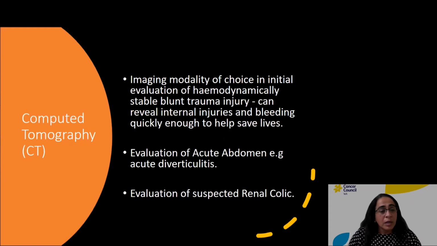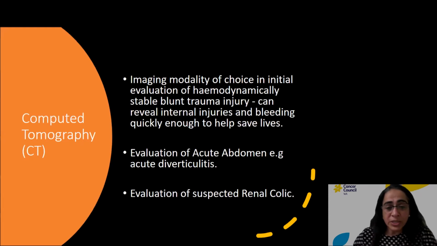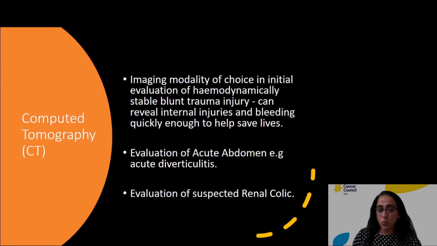So with CT, we can pretty much scan from head to toe, and it is actually the imaging modality of choice in patients with trauma. It can be used to assess patients with acute abdomen where we're suspecting diverticulitis, patients with acute chest pain looking for aortic dissection or pulmonary embolus, and it is the imaging modality of choice for looking for renal calculi in suspected renal colic patients.